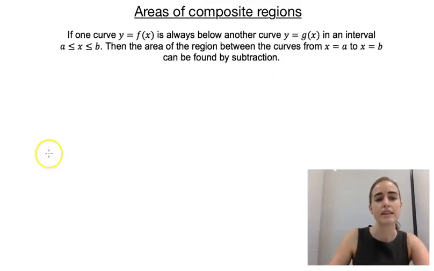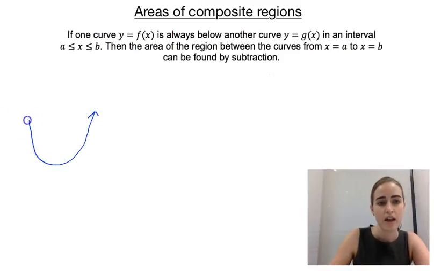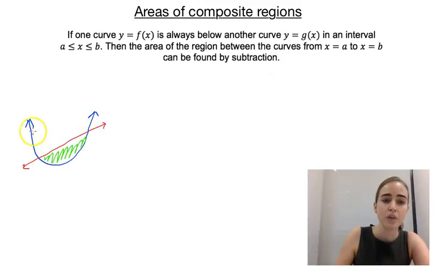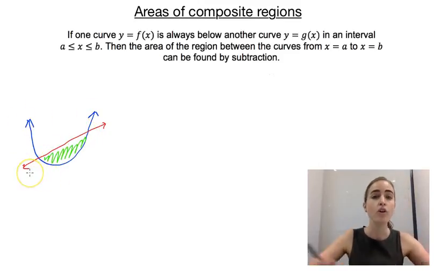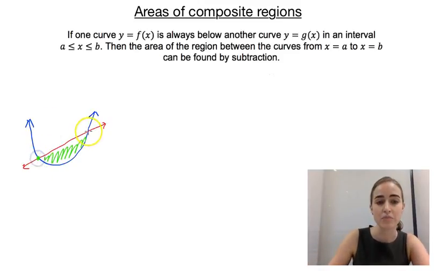For example, if we had a parabola and a straight line, and we wanted to find the area of the region in between them. In that region, this blue function is always below the red function. Not always over the whole graphs, but in our region between this point and this point, our blue curve is always under that red straight line.